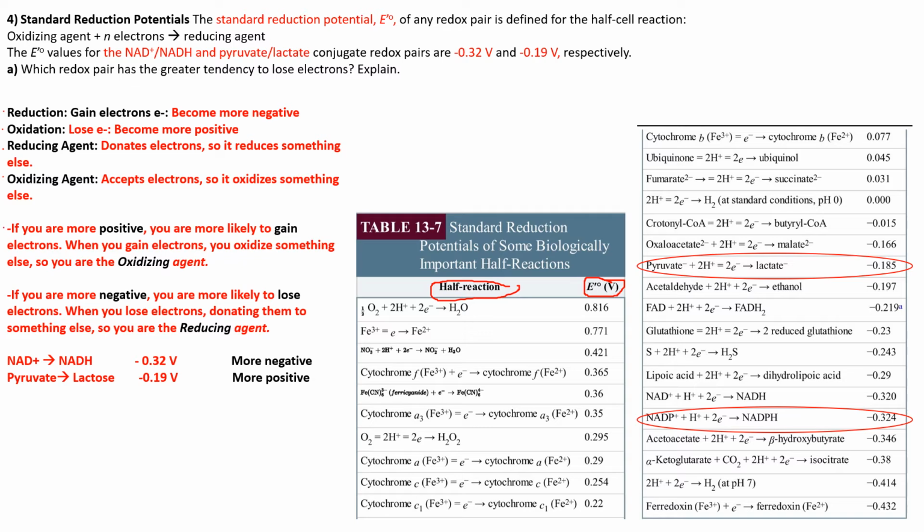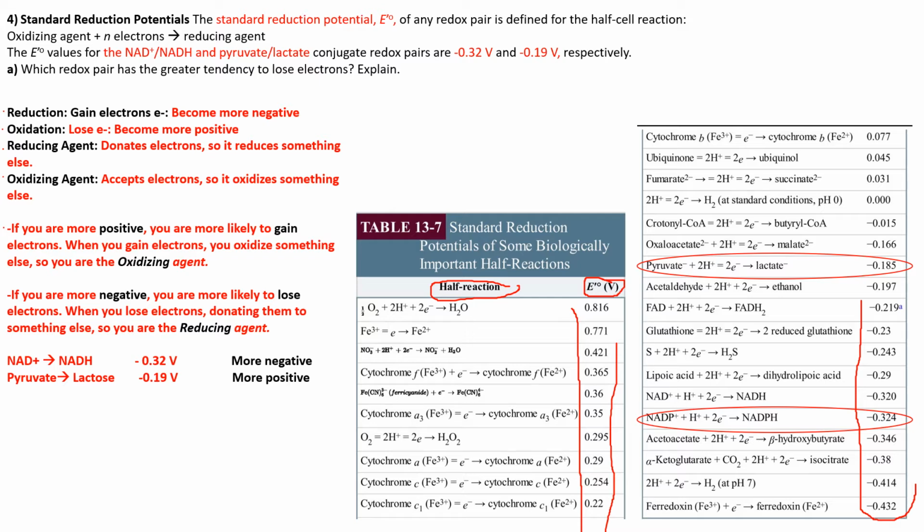If you are more positive, you are more likely to gain electrons. So now we're talking about the standard reduction potentials. These guys over here. So if these are more positive, they're more likely to gain electrons. And if they are more negative, then they are more likely to lose electrons.